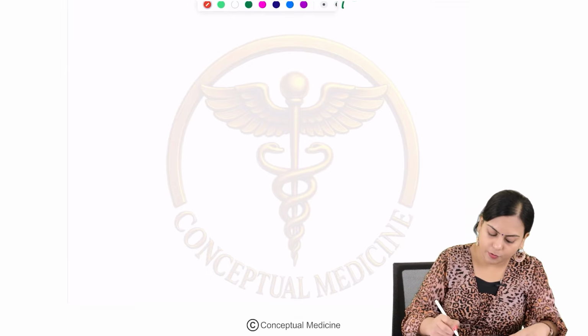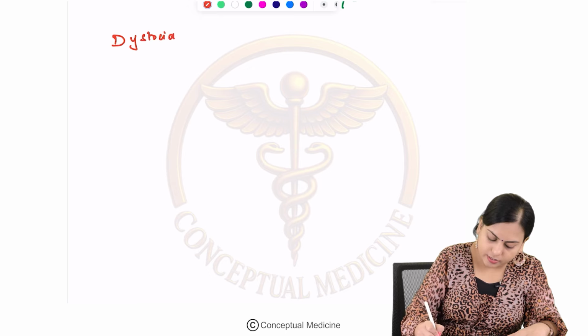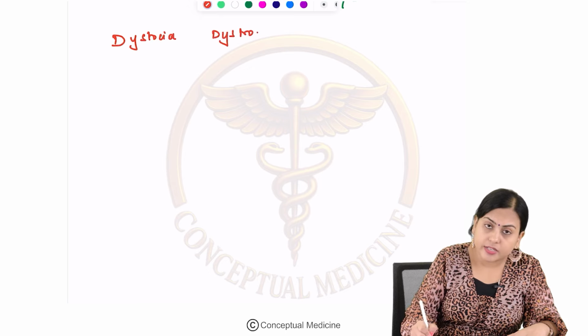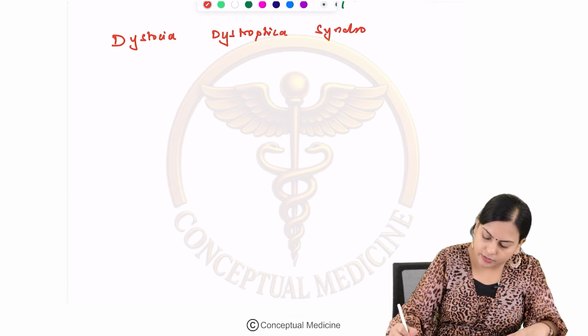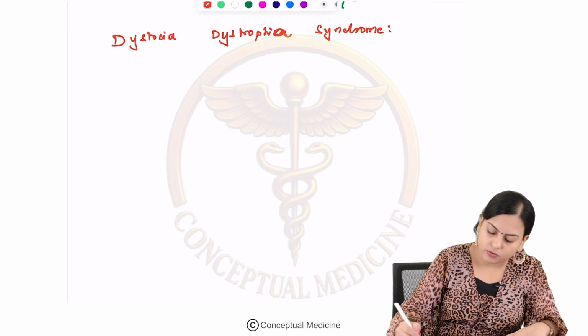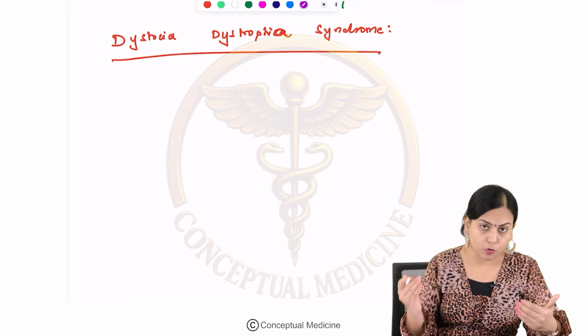Next, we will see about one more syndrome, that is dystocia dystrophica syndrome. So, what is this syndrome? Here, the woman is going to be obese.